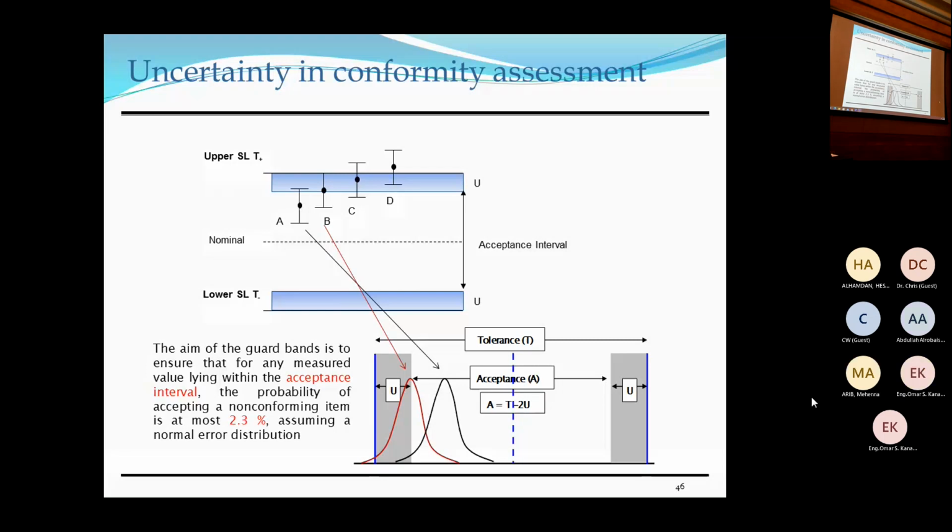So the requirement by R111 is that the conventional mass is within 2/3 of the maximum permissible error, and the uncertainty is less than or equal to 1/3 of the maximum permissible error.